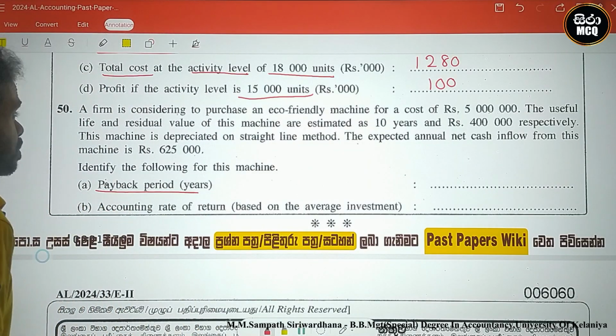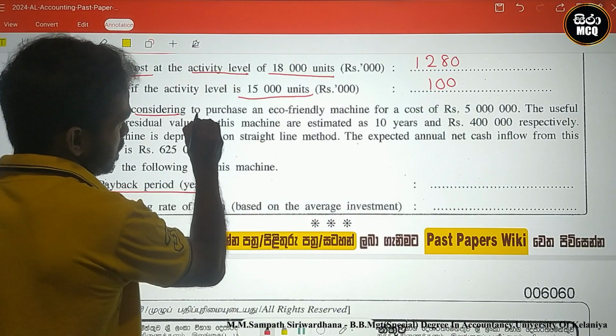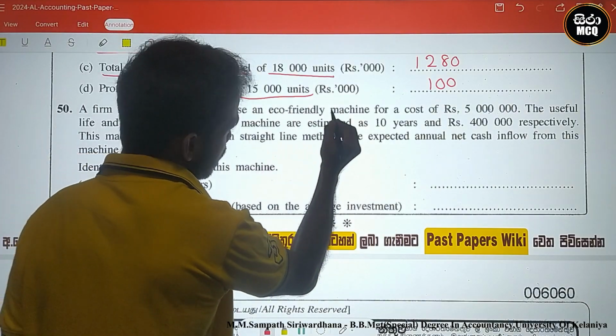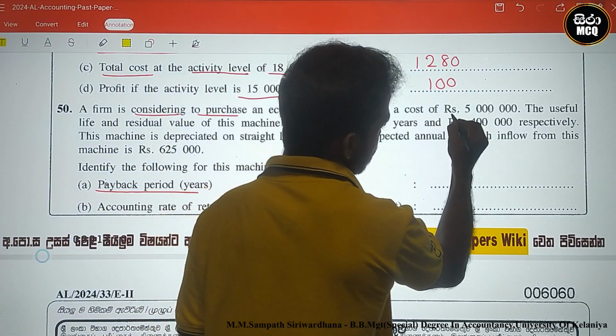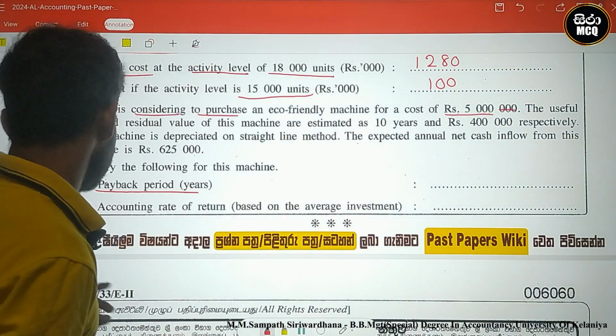Look here, there's information. A firm is considering purchasing an eco-friendly machine for a cost of 5,000.